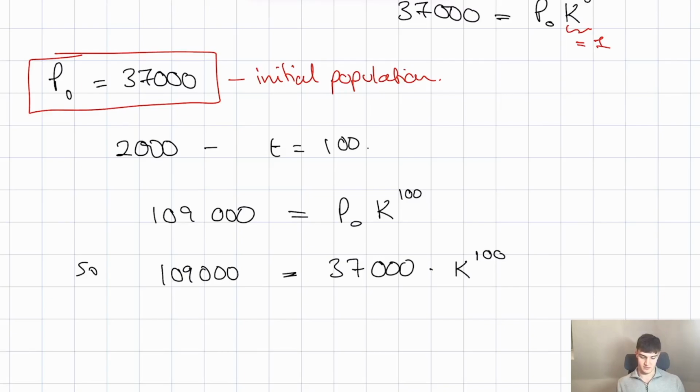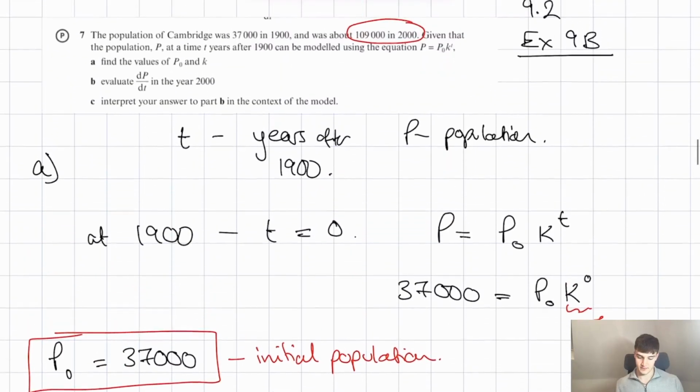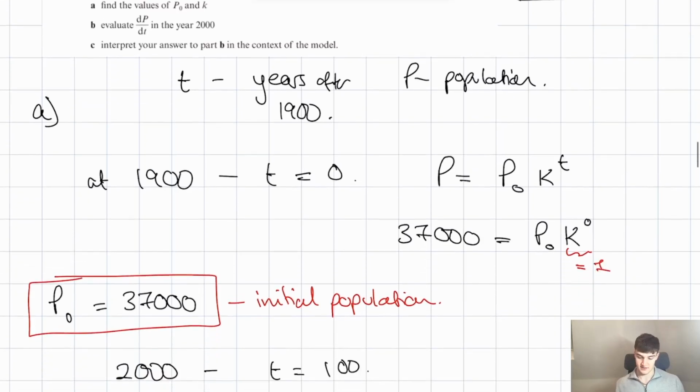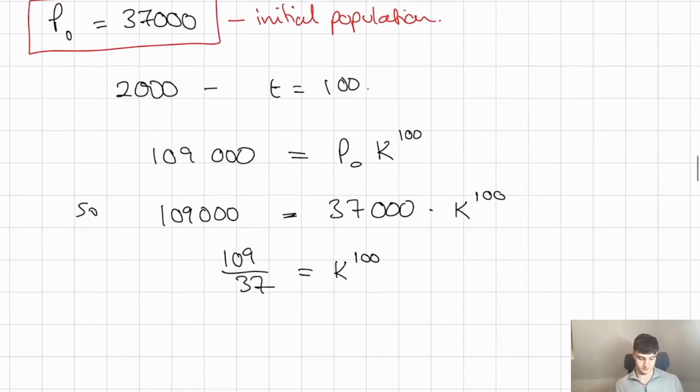So I'll leave it as 109 over 37 is equal to k to the power of 100. And it hasn't asked us to give it in any nice form, so I'm going to have to do the 100th root of this number.